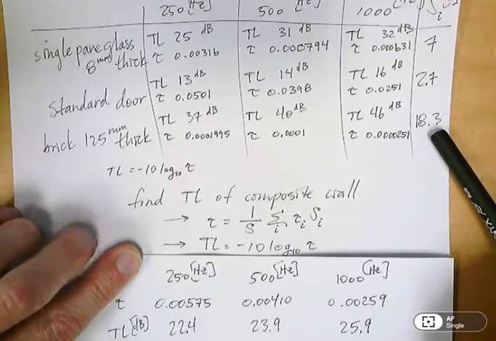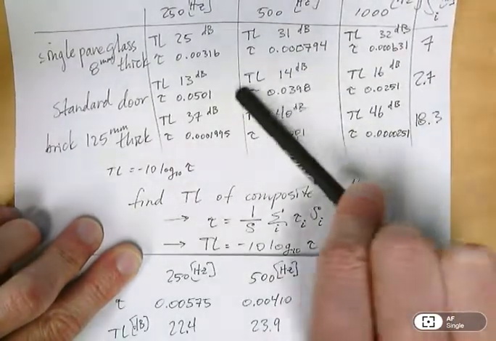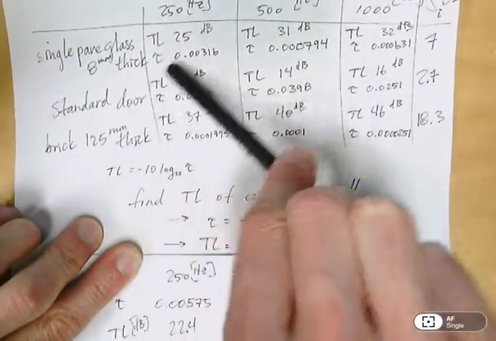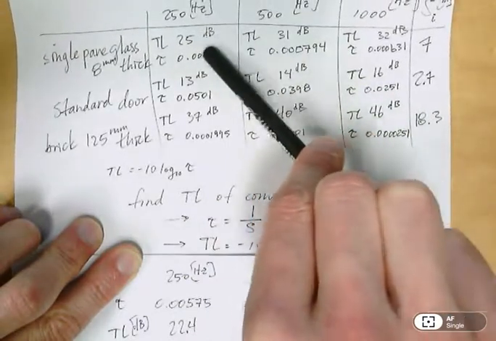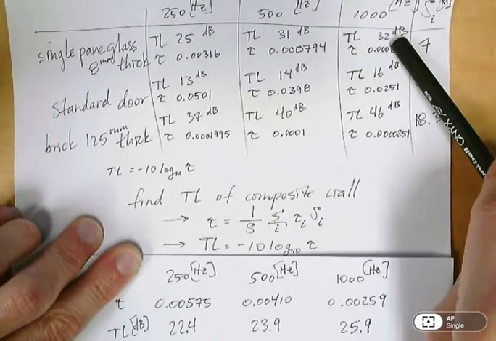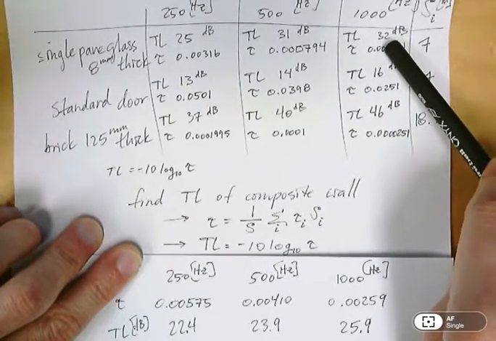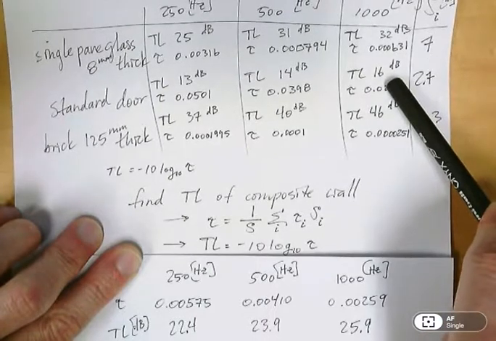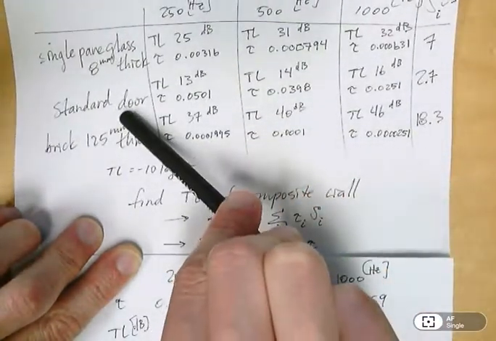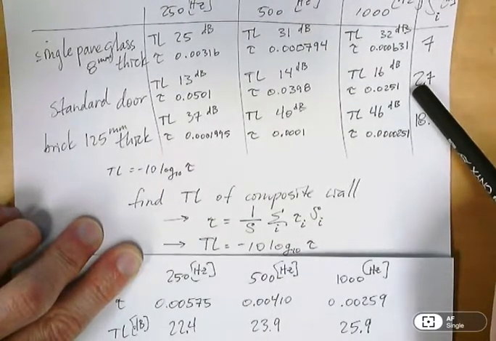Instead, these values are apparently much more weighted towards the door. The single pane glass, except for this lower value, it's much greater, almost 6 decibels greater in this case. So it looks like the weakest link, the door, even though it occupies a smaller overall surface area.